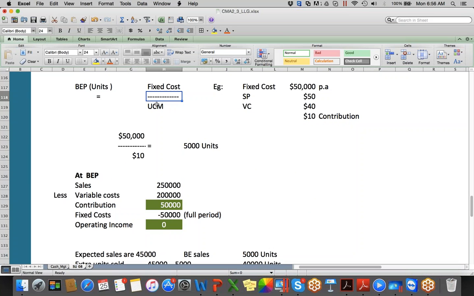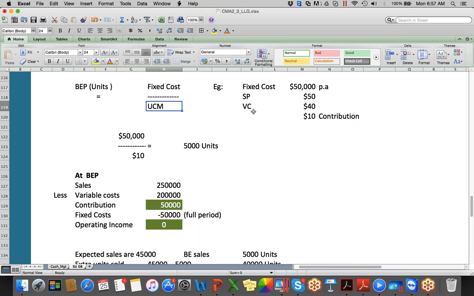Break even point in units you can find out by dividing fixed cost by unit contribution margin. Unit contribution margin means contribution per unit, which is sales minus variable cost.